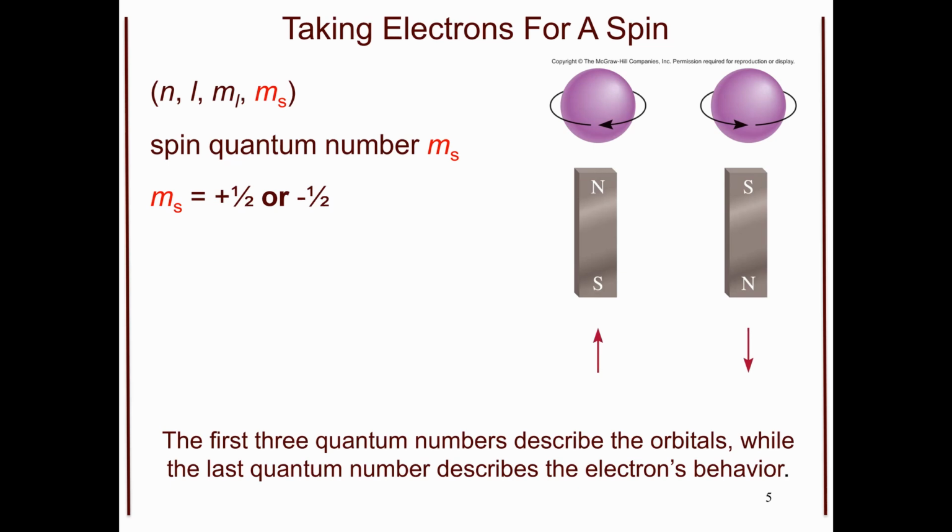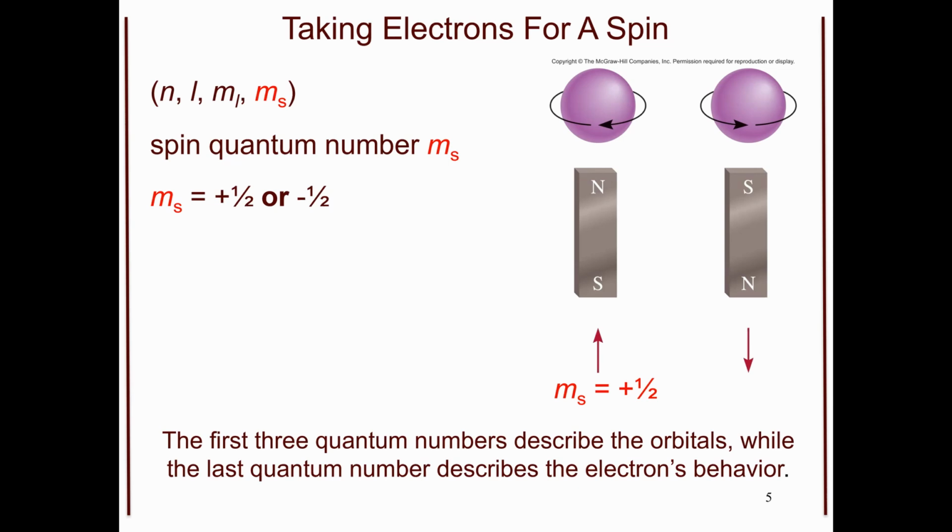The important thing is that the first three quantum numbers describe the orbital, while the last quantum number actually describes the electron's behavior. So it's really important that while all four quantum numbers exist, there are going to be special caveats that we're going to have to determine about all four quantum numbers.